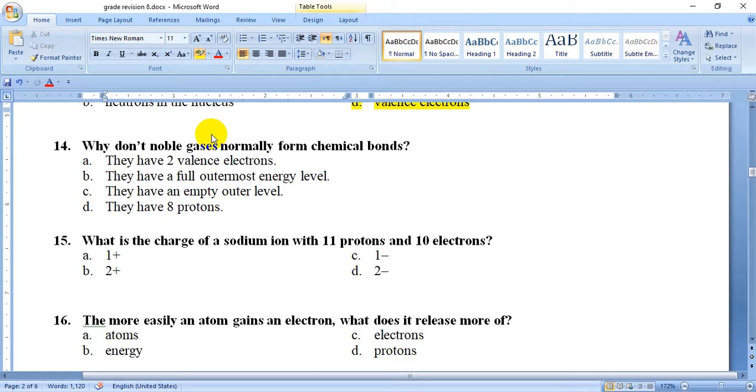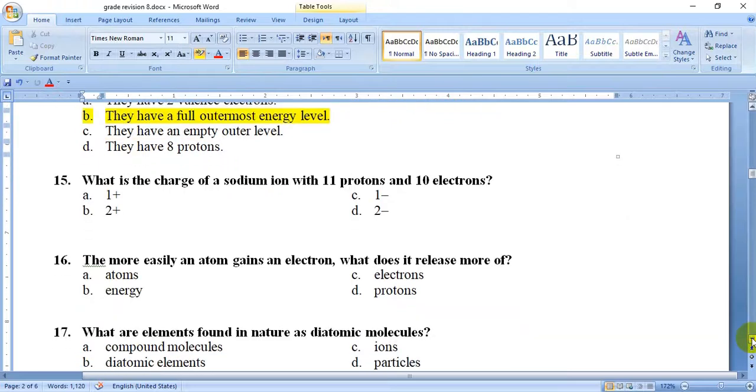If you remember, helium is the only noble gas that has only 2 electrons in the outer shell. So we cannot choose one, because neon and argon and the other elements don't have 2 valence electrons. So we will choose letter B. They have a full outermost energy level. For example, for helium it's 2 and it's full. For neon 8 and also full.